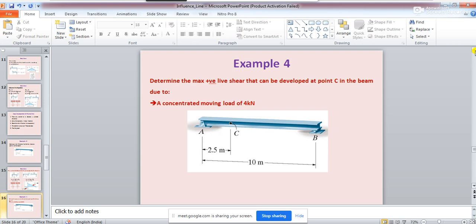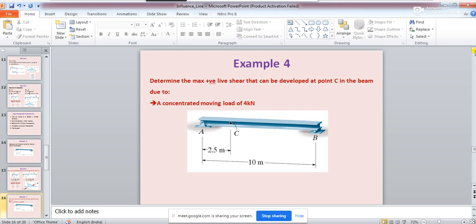And while that unit load is moves over the beam, what is the effect of that movement of load at a particular point in the beam, for different functions like reaction, bending moment and shear force.